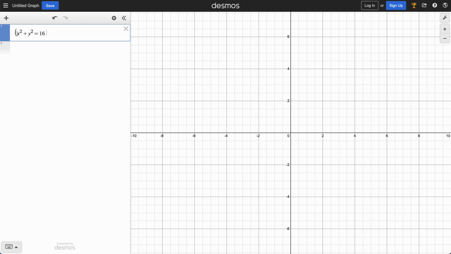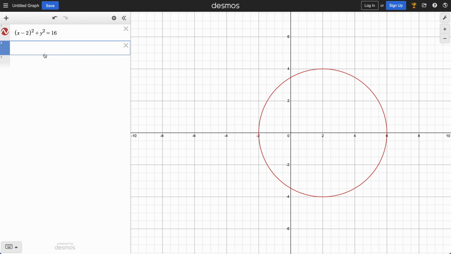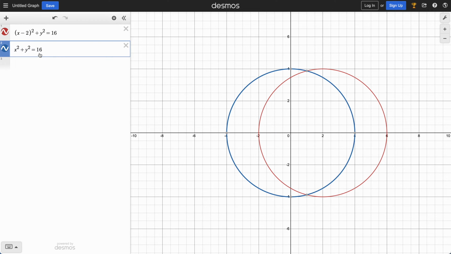So let's say, what happens here? I did x minus 2. And what I'm going to do is I'm actually going to graph the original equation at the same time, because I think when we do shifts, it's a lot easier if you can see them side by side. So my blue is my original circle, which is centered at 0, 0, and the radius is at 4.